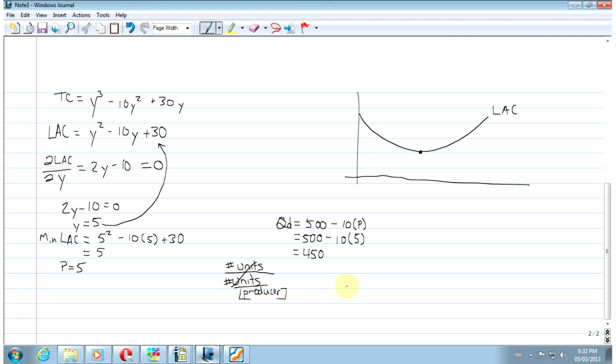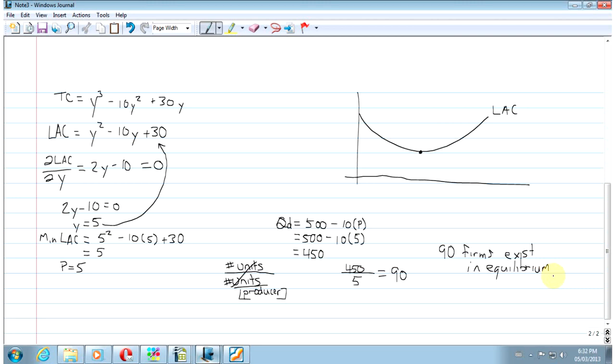That's how it works. So 450 divided by 5 is 90. That's all there is to it. 90 firms exist in equilibrium.